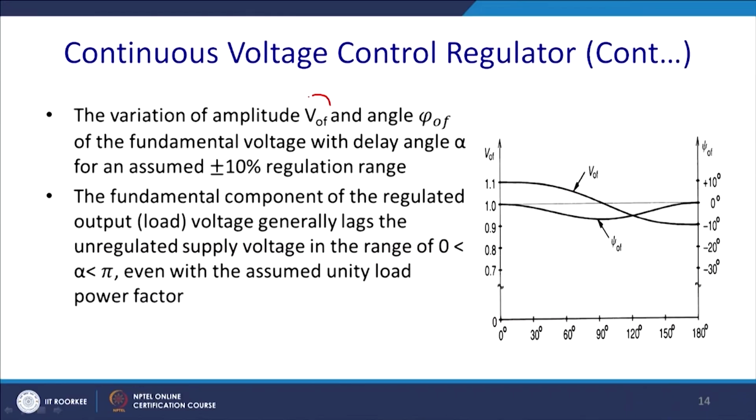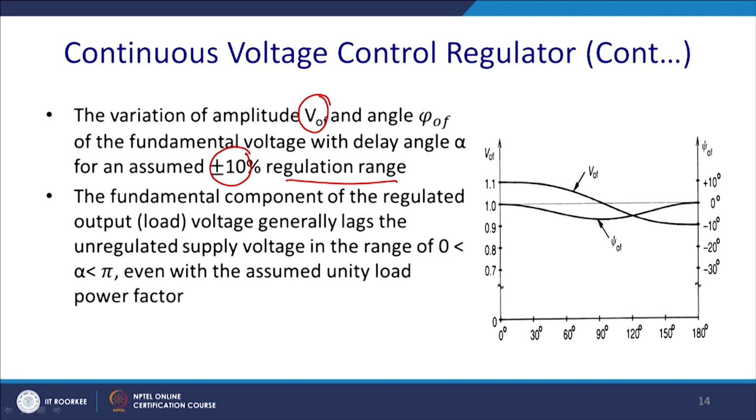So, let us see how the phase angle and the output voltage change with different alpha. The variation of the amplitude of VOF and the phase angle phi f0 of the fundamental voltage with delay angle alpha for an assumed 10% regulation range has been shown.